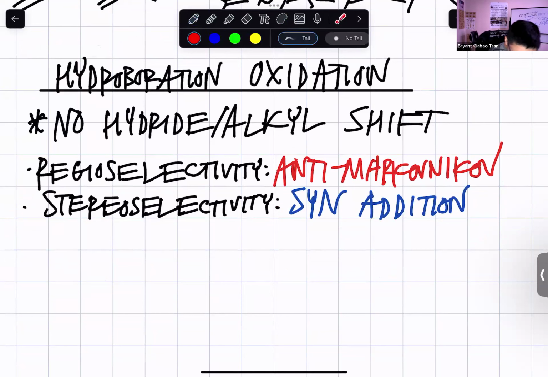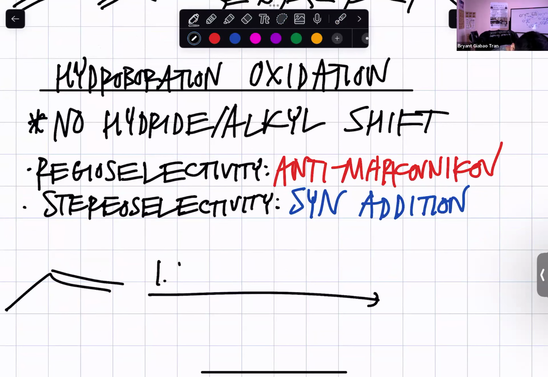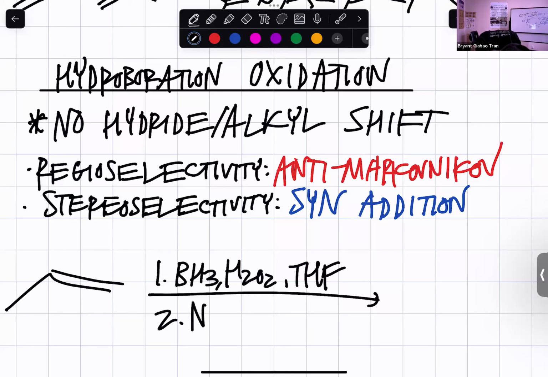So for example, if I were to give you this alkene right here, and I give you the hydroboration oxidation reagents, which is going to be BH3, THF, H2O2. Second step was NaOH, water, something like that, I think.